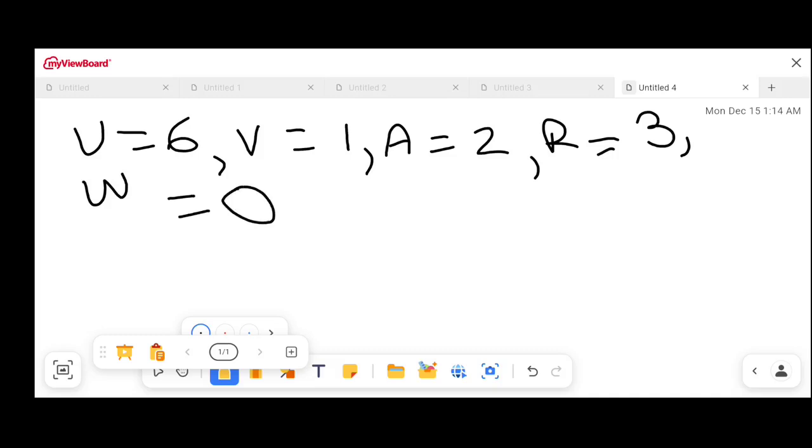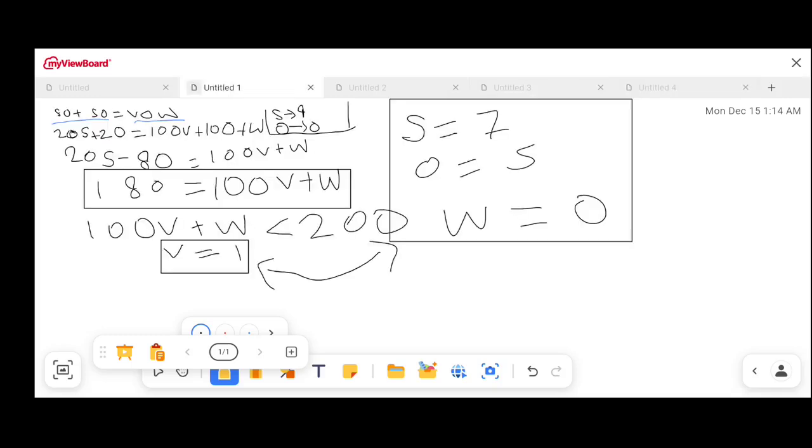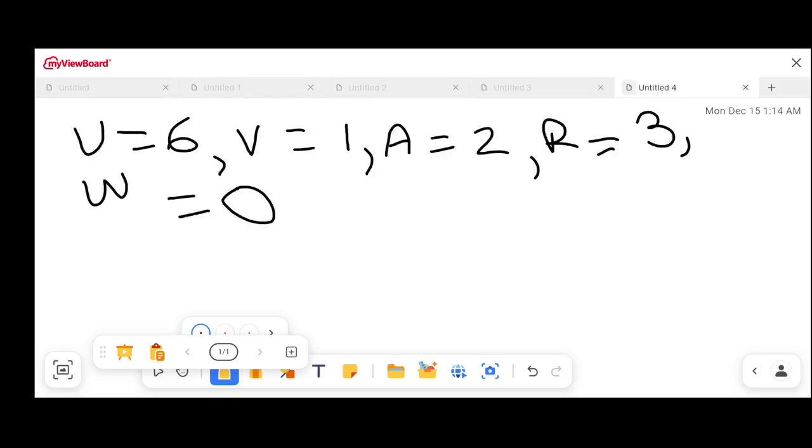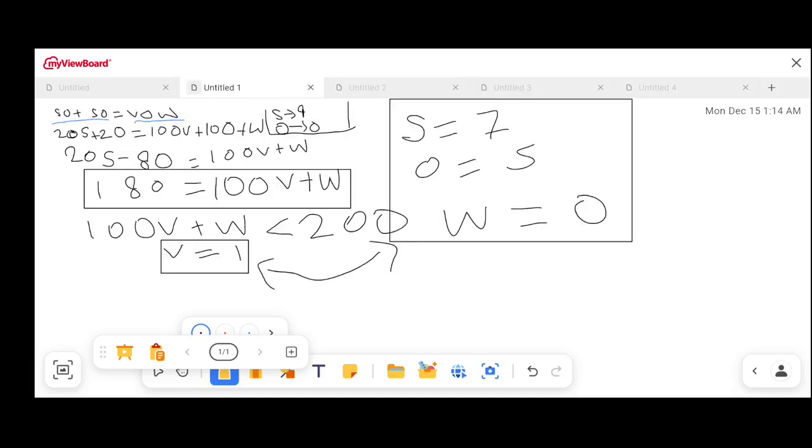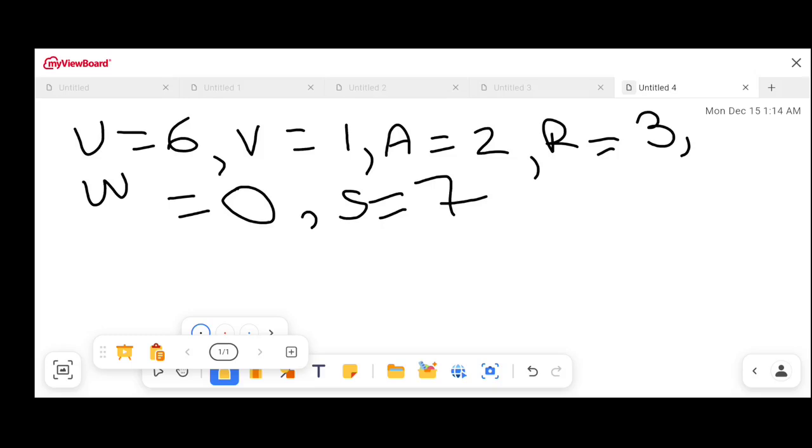W equals 0 we had, and we had s equal to 7. What are we missing?